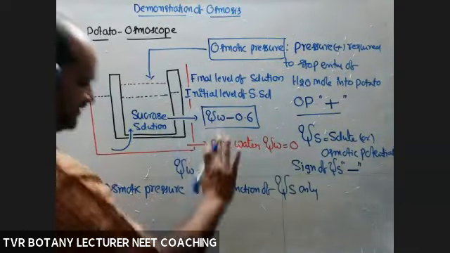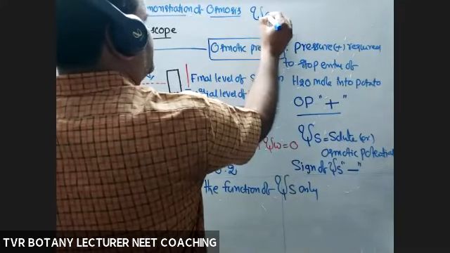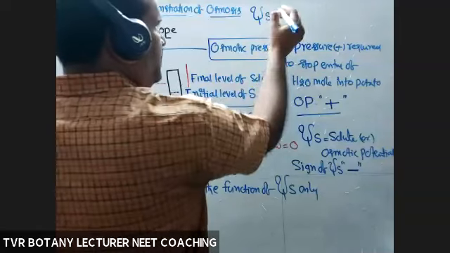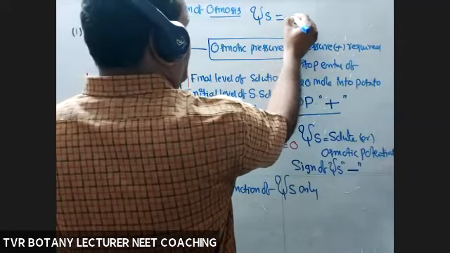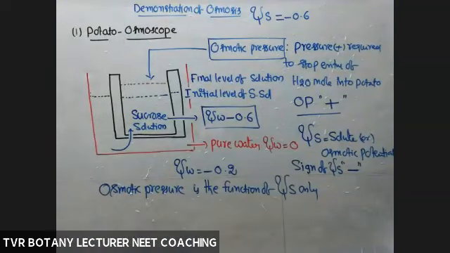For example, in this system, for example only, if the psi S value is minus 0.6, for example only, okay, minus 0.6.